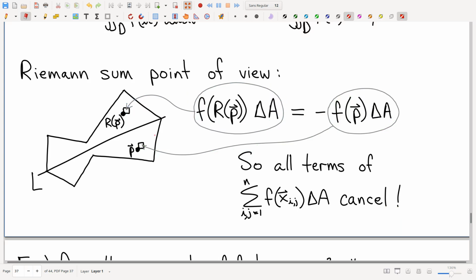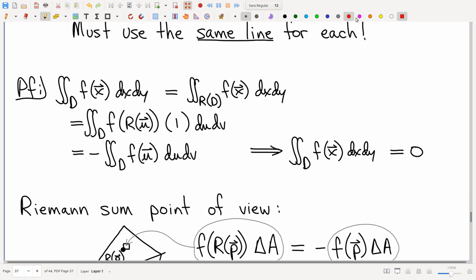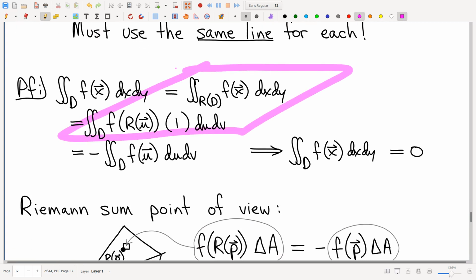All right, so analogous argument there. And then likewise, what I quickly skipped over previously, there is an analogous pullback argument to the substitution argument. Here I'm literally going to use the reflection as our change of variables. So this is literally just pulling back through the reflection and using all of our usual rules for pullbacks. And notice, again, I'm using the fact that the domain is its own reflection. That's the symmetry of the domain. I'm using the fact that the function is odd because reflecting the input negates the output.